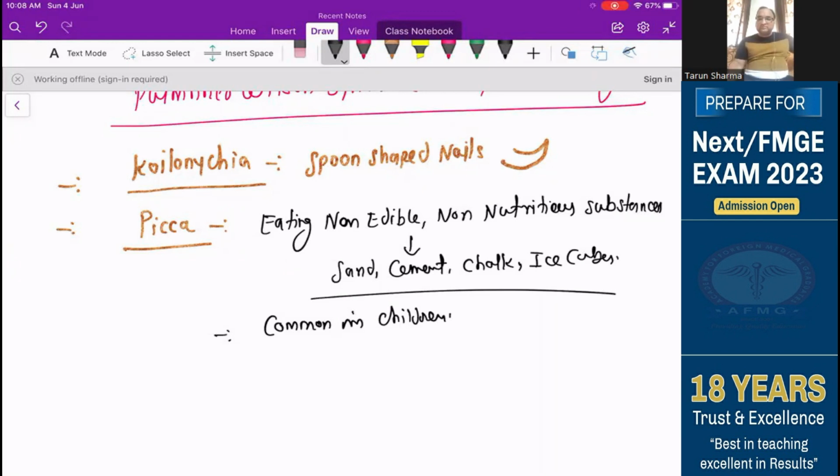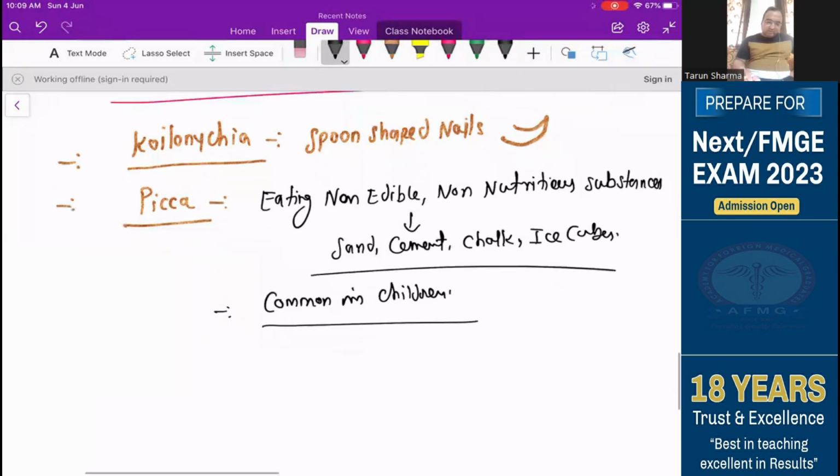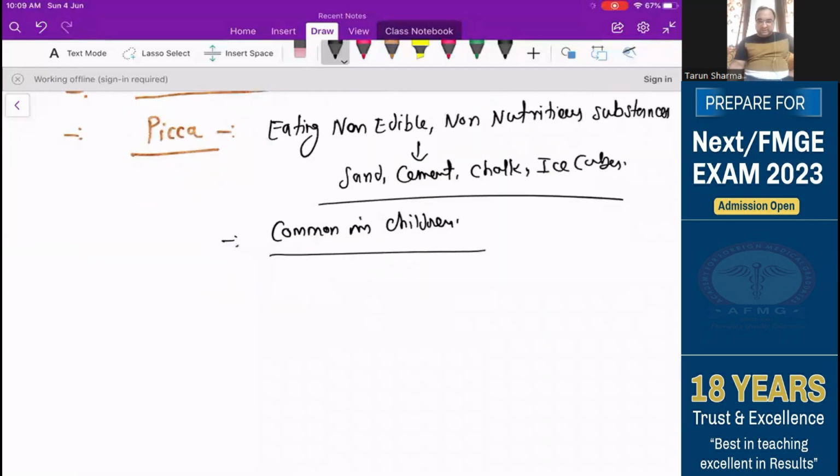That is seen in iron deficiency anemia, that is common in children, and it is not due to calcium deficiency. Actually, it is due to iron deficiency. So those children should be given an iron supplement, not calcium. You got my point? So that is very, very important. So remember, pica is also one of the very important features of iron deficiency anemia.